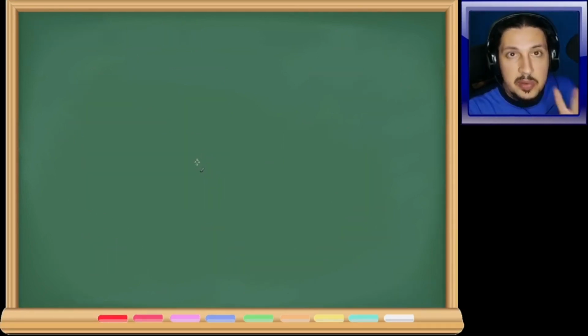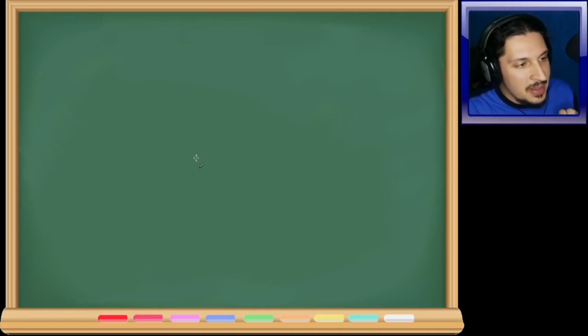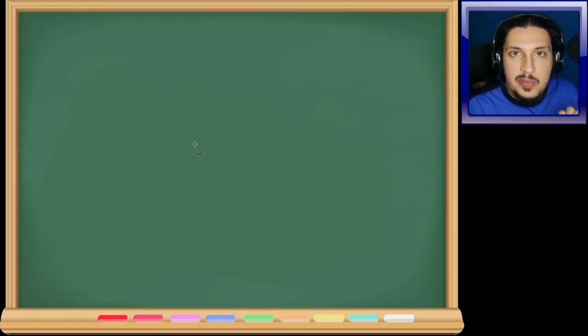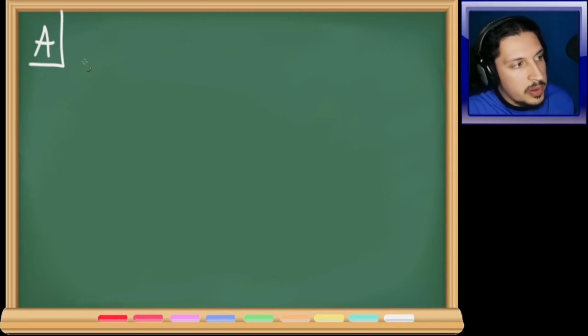Now, as an example of a problem of the second kind of good problem that I mentioned before, I would like to show you an example that is from the last Latin American ICPC regional, and it was problem A, if I remember correctly.